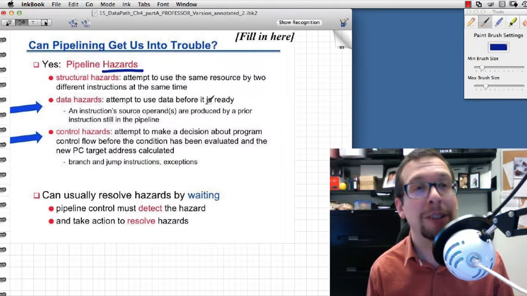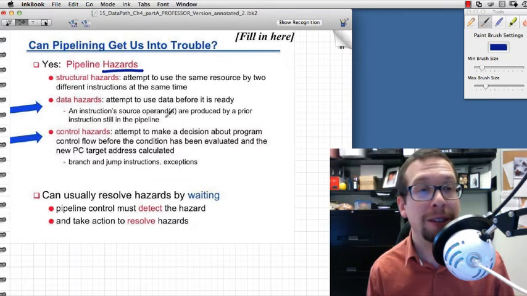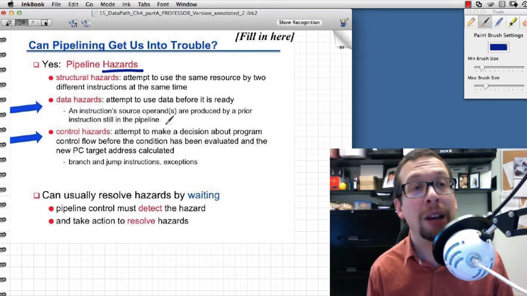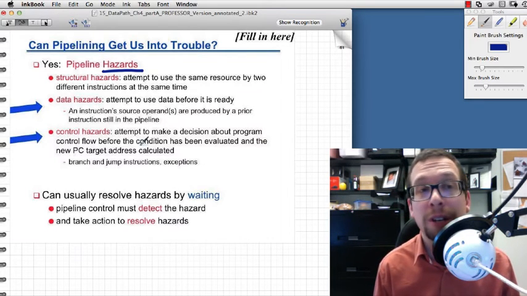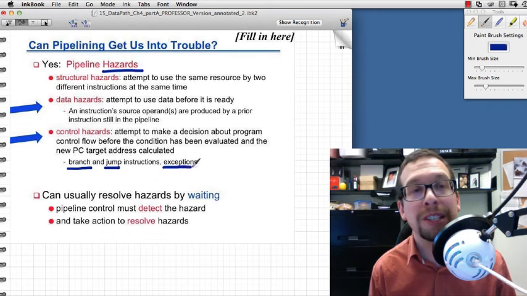You can't do that. So an instruction's source operand is produced by a prior instruction, and that instruction is still in the pipeline. Control hazards are attempts to make a decision about program control flow before the condition has been evaluated and a new program counter target address has been calculated. And we find this a lot, and this is really tricky, with branches and jumps and what are referred to as exceptions.